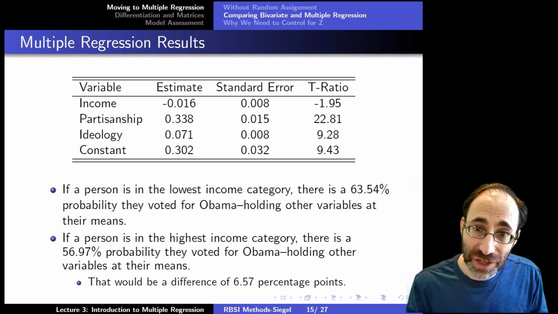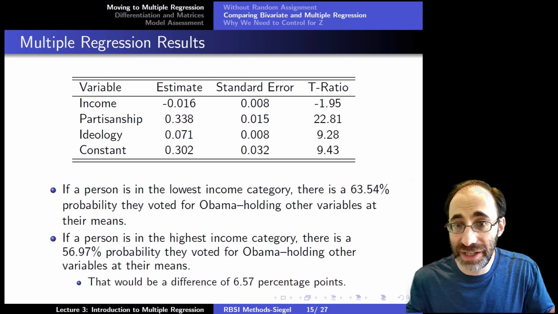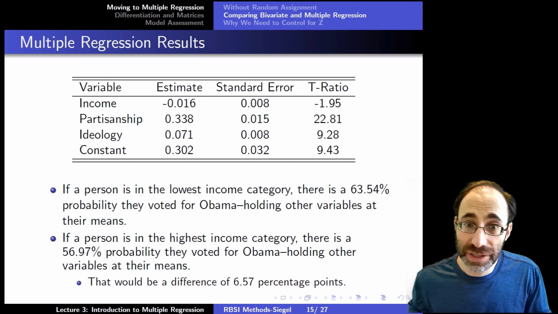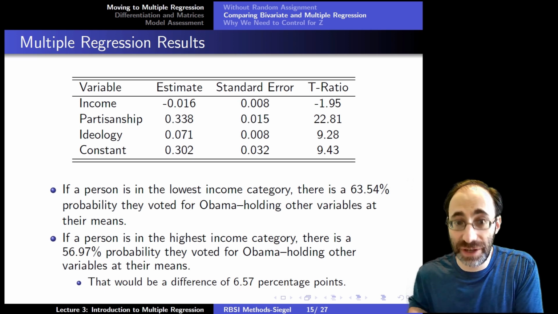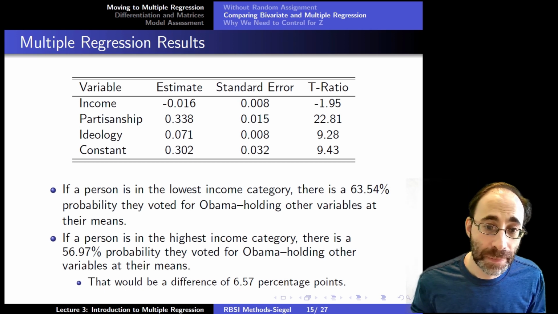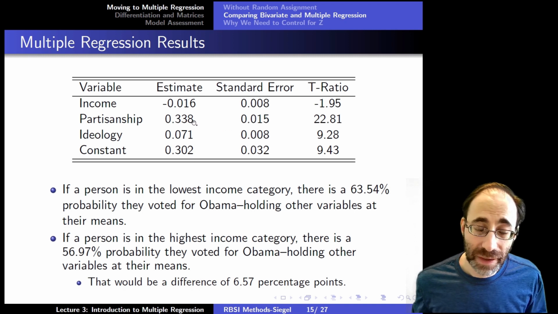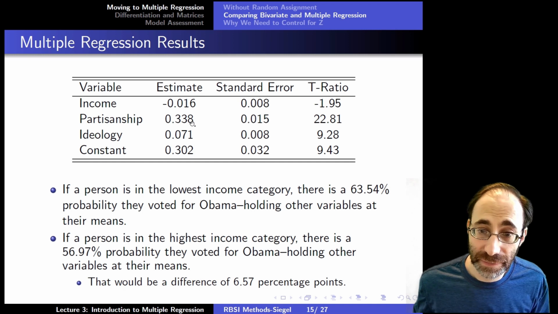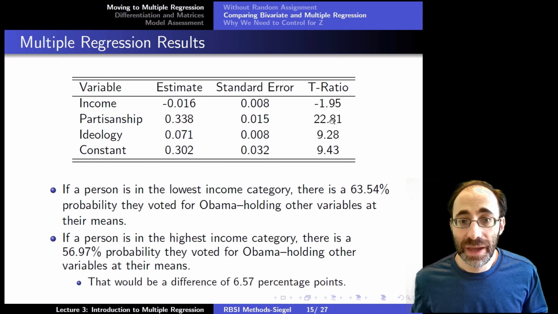We do the same, we do a multiple regression, and the software gives us these answers, right? It calculates the different values of the coefficients, and it tells us estimates again, and errors and t-ratios. What happens? Well, now, first of all, partisanship has a 0.34 estimate for its coefficient, with a very high t-ratio, so it's clearly significant, and pretty large it seems.